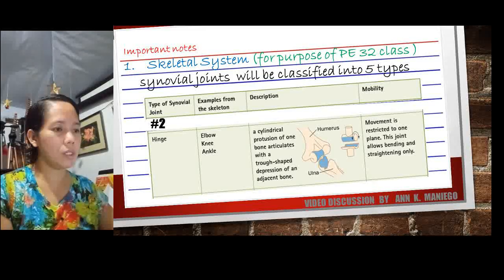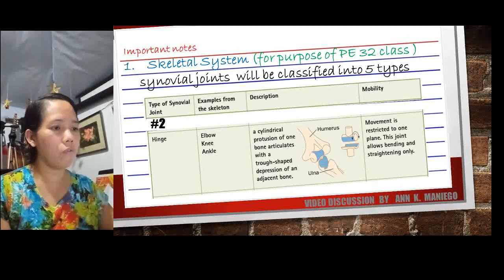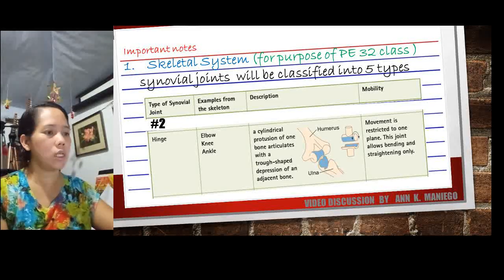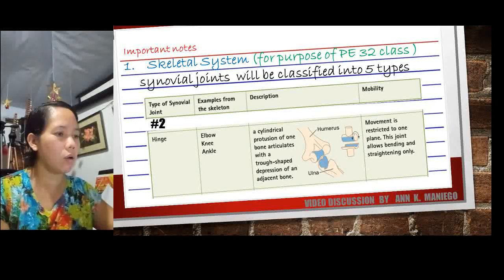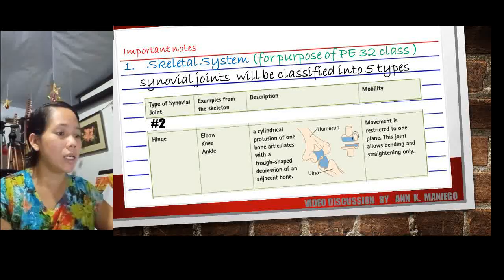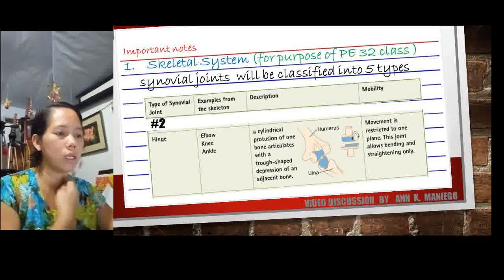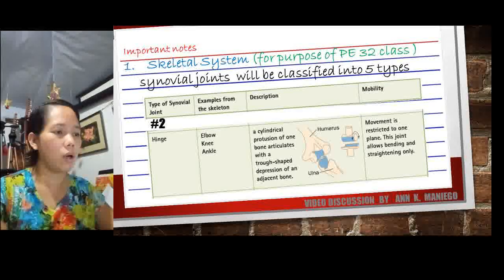And then description: cylindrical protrusion of the bone articulates with a trough-shaped depression of an adjacent bone. So inani ang iyahang structure. Nara si humerus, and then ang iyahang kaatbang kay si ulna, no, and that's how they will be joined together as a joint.